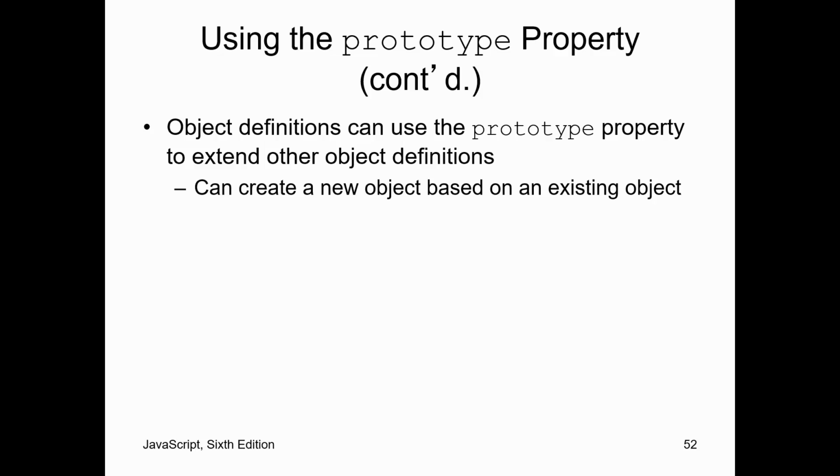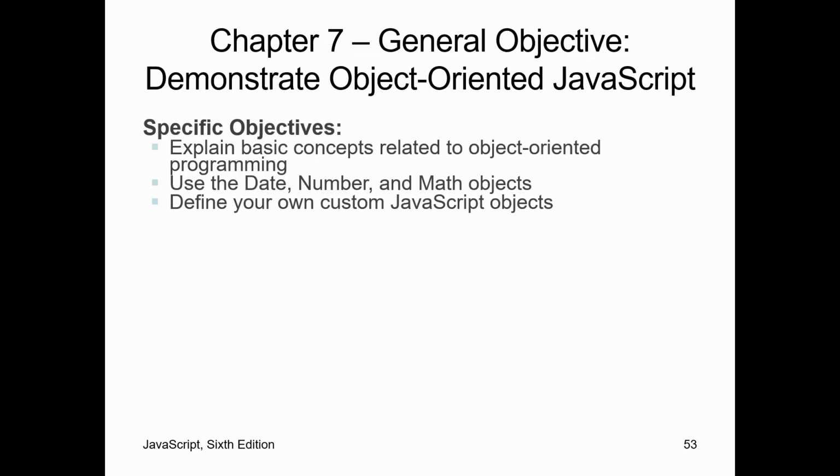Now, does that make sense? No, it'll make more sense when we look at it in class. All right. So you use the prototype property to extend an object, to make it do things it could not do otherwise. All right, so that's pretty much it for this chapter.